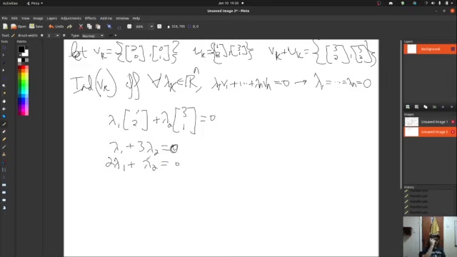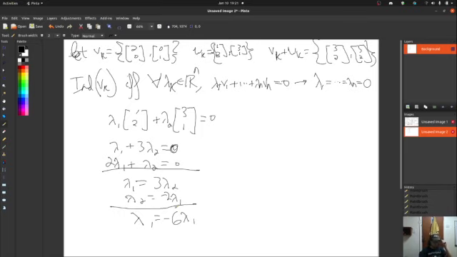And I'm just going to solve this old school. I'm not going to set up a row reduction because I can see the answer right here. It's lambda 1 equals 3 lambda 2, and lambda 2 equals minus 2 lambda 1. And this is lambda 1 equals minus 6 lambda 1. Now, the only way for this to be true is if lambda 1 equals 0.